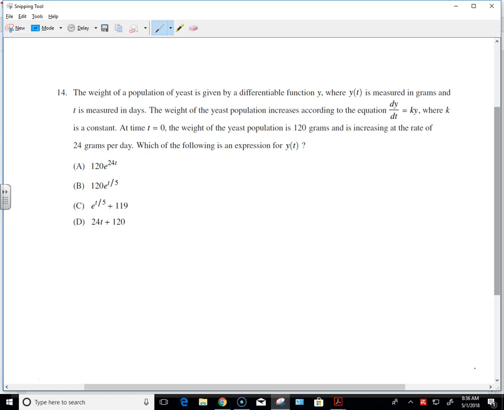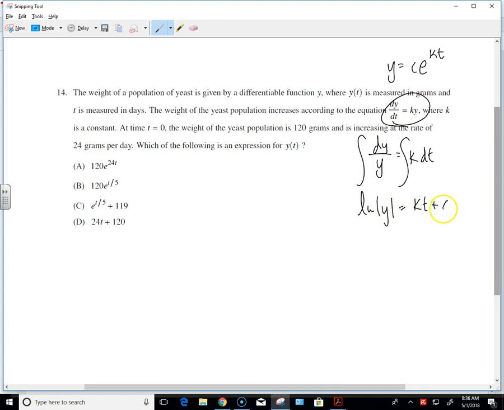Coming back, number 14. The population of yeast is given by, where k is a constant. Hey, that's weird. What'd they give us? Exponential growth. Now, could we also have gotten the y where we wanted it to be? That's what I did. Look, you didn't trust it. Did not trust that function.